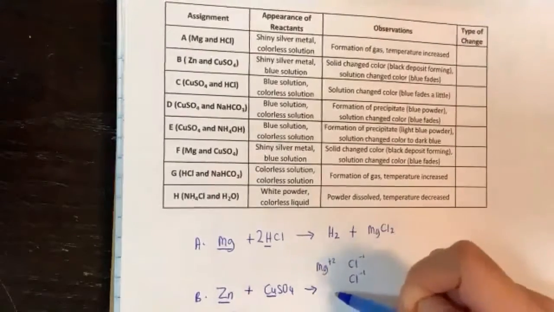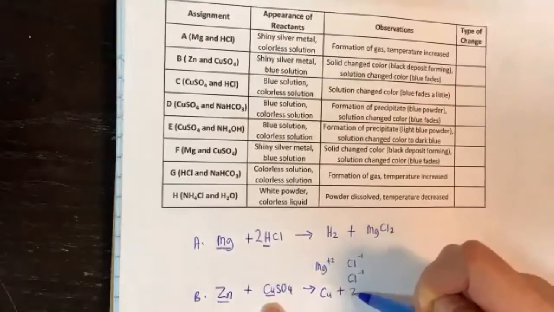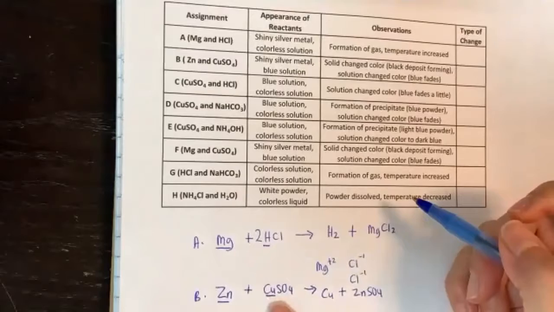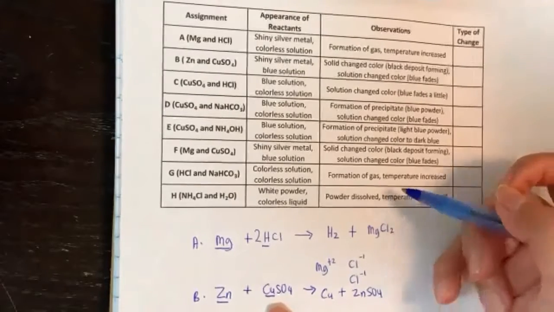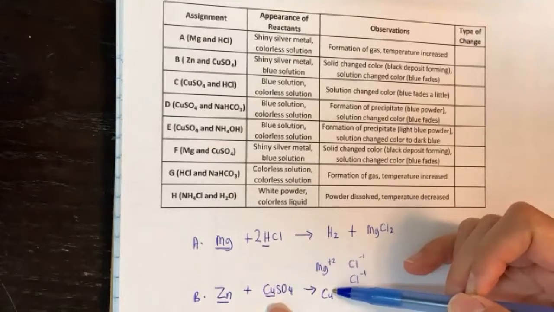So basically what I can write is, therefore, copper is coming off, and then you have zinc and sulfate paired up together. The copper sulfate is a blue color solution. Over time, as the copper turns into copper solid, that's the black stuff you see forming.